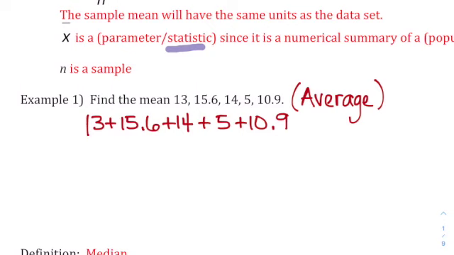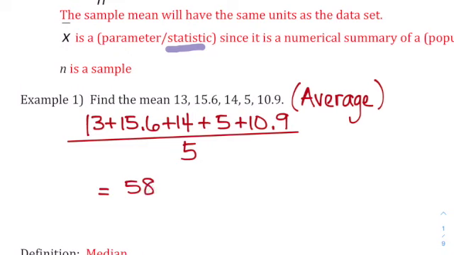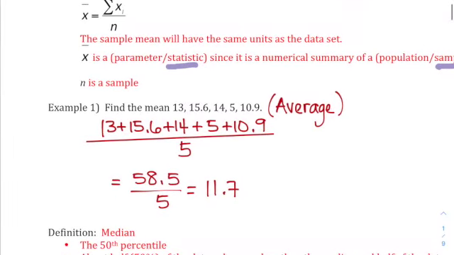Since you counted 1, 2, 3, 4, 5 numbers, you have to make sure you divide by 5. The sum comes out to 58.5, and if you divide by 5, the answer is 11.7. Therefore, the mean is 11.7.